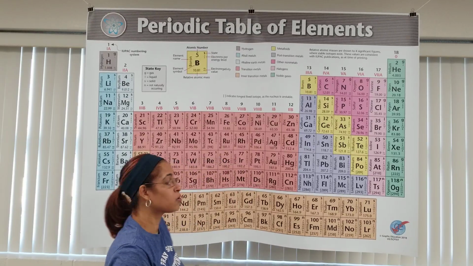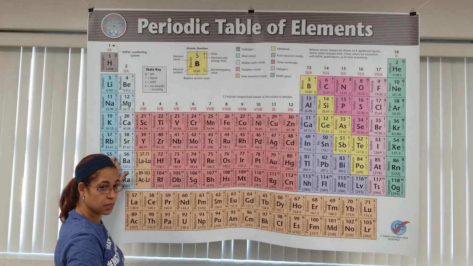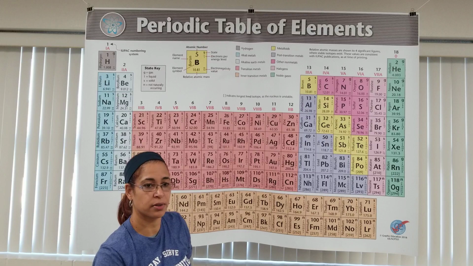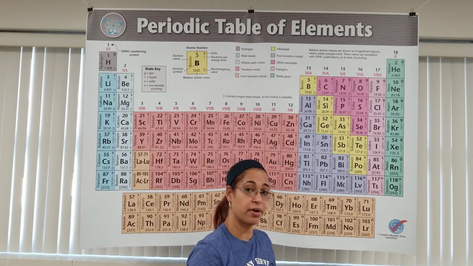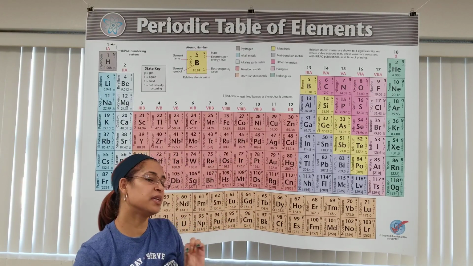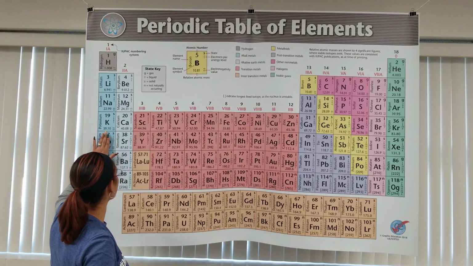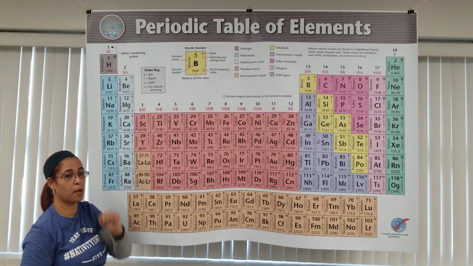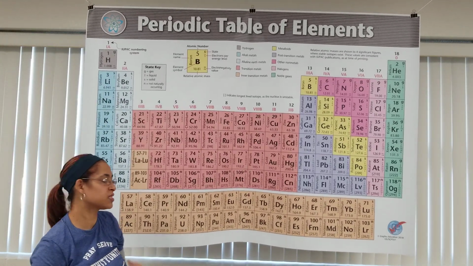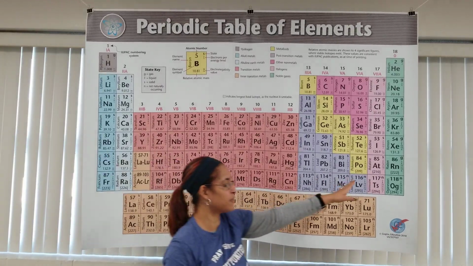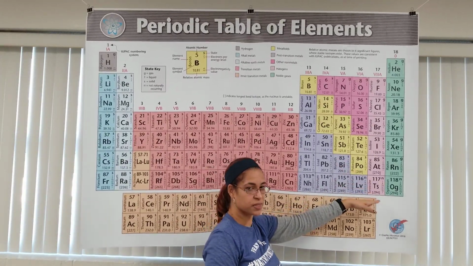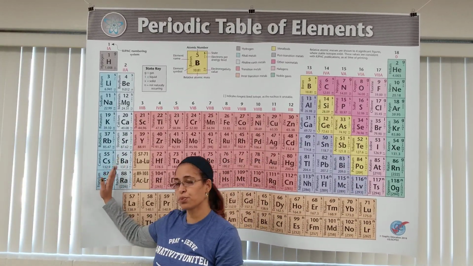Group 1 is known as the alkali metals. Because they're alkali metals, they all carry the same characteristics in that they're metals. Hydrogen, however, is not a metal, but it is placed with group 1, although you can notice it is slightly apart, because it possesses characteristics of both group 1 and group 7. It may look like group 7, but it acts like group 1.